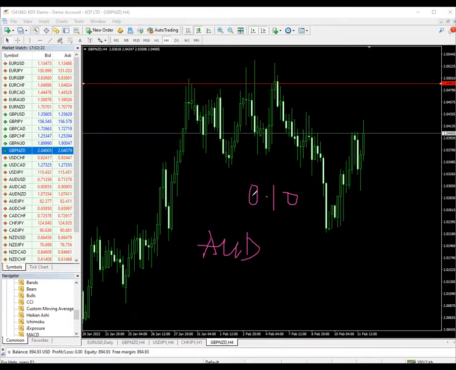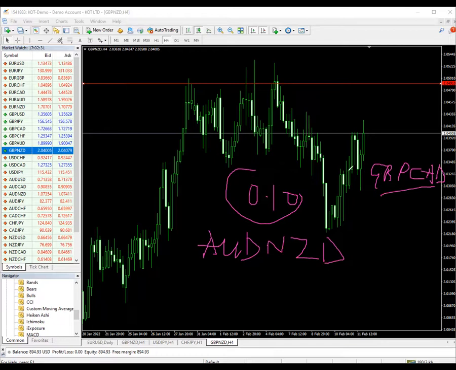So assuming you want to use 0.10 for AUDNZD, and then you see another trade for maybe GBPCAD, I will advise that you never use the lot size that you use for AUDNZD for GBPCAD. No. Never use the same lot size.